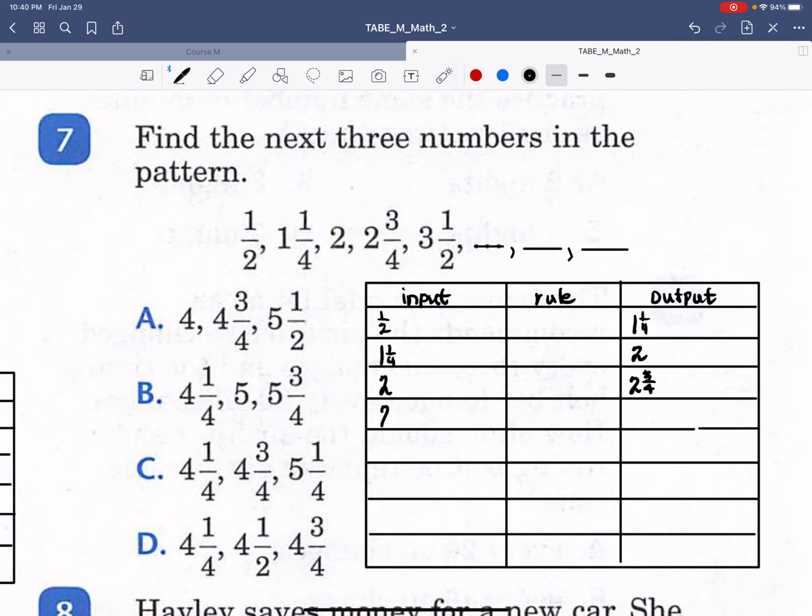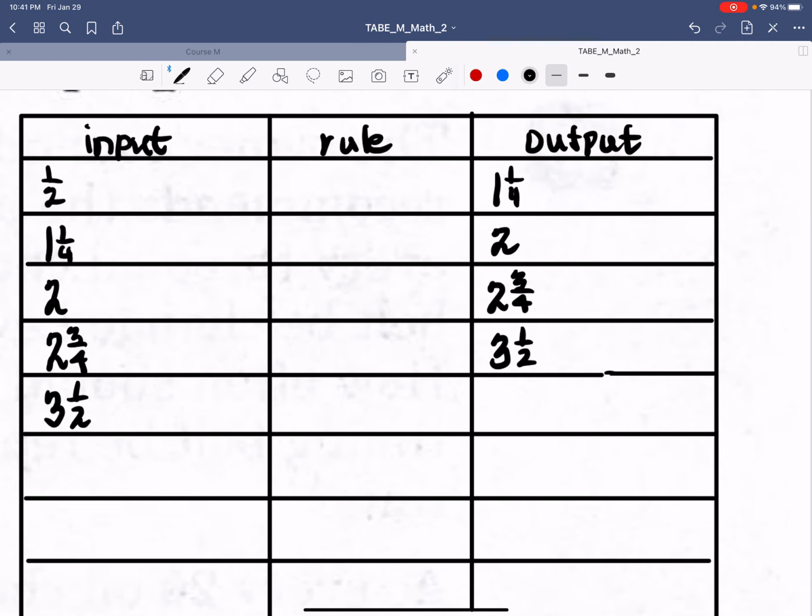Then 2 3/4 goes with 3 1/2. 3 1/2 goes with something we don't know yet. So we have to figure out the rule.